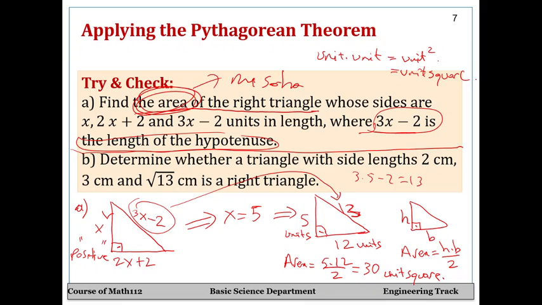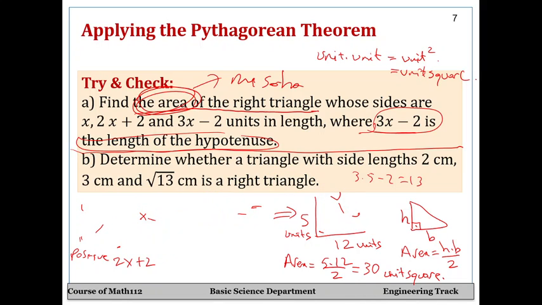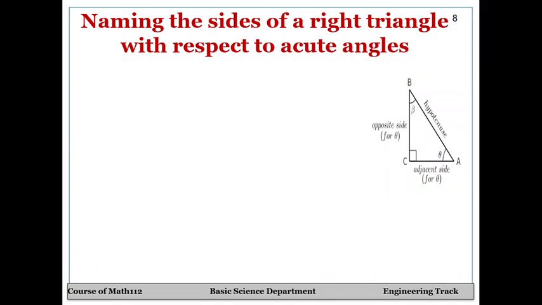Now let's do the other one. Now let's look at naming the sides of a right triangle with respect to acute angles.